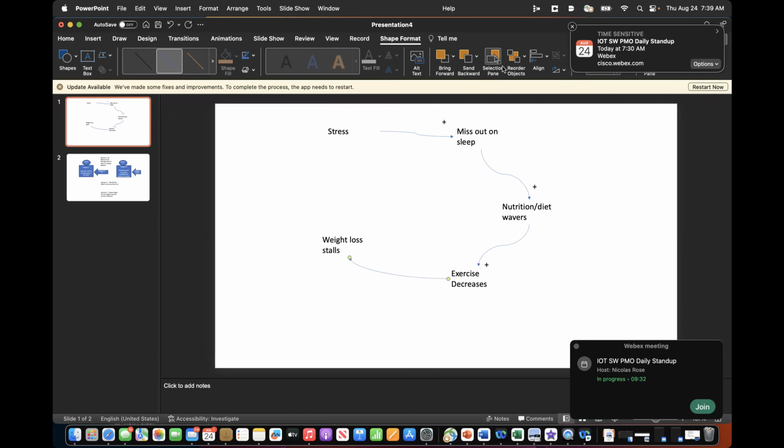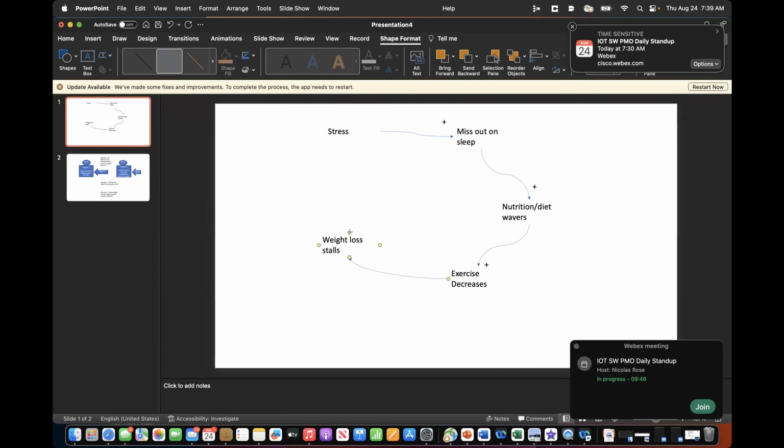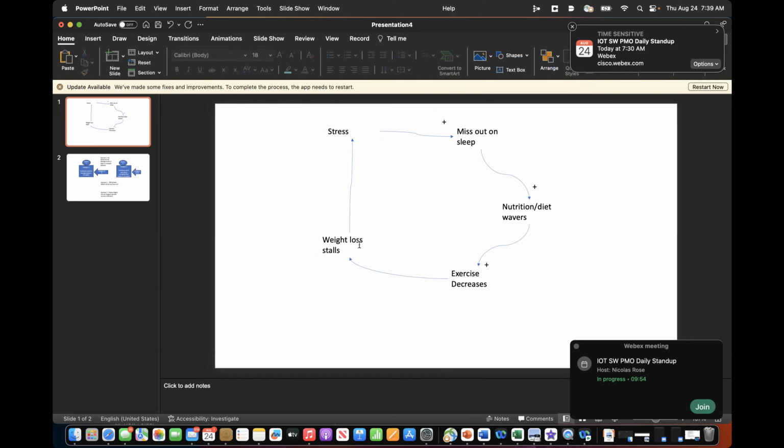And funny enough, kind of rounding this whole thing out, when my weight loss stalls, what tends to happen is I get more stressed because I'm not reaching my goal. So now what you've got is this vicious circle, right?